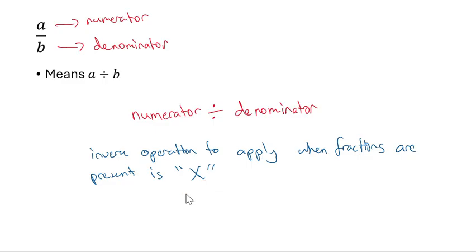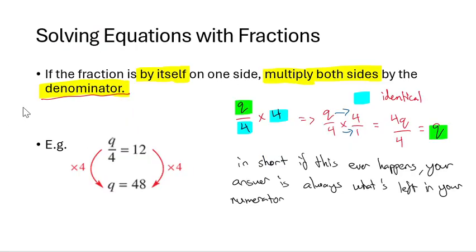So you need to multiply every single time. Let's go through two types of examples right here. If the fraction is by itself on one side of the equation, you ought to multiply both sides by the denominator.